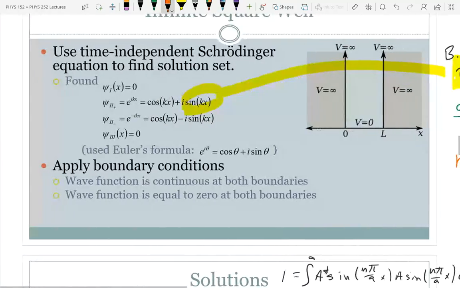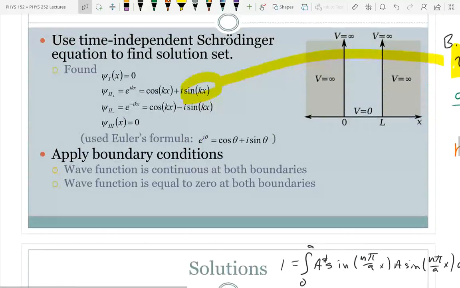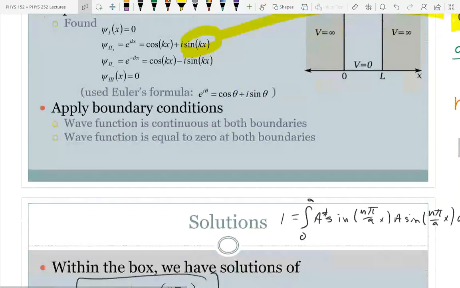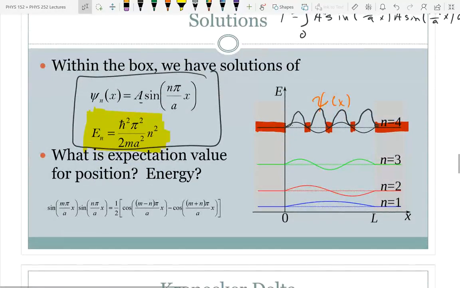But k was a function of energy, which we don't have shown here because I didn't do the whole problem today. I'm just reviewing it. And so that gave us an equation for energy because k was dependent on energy. k was the square root of 2mE over h bar squared.